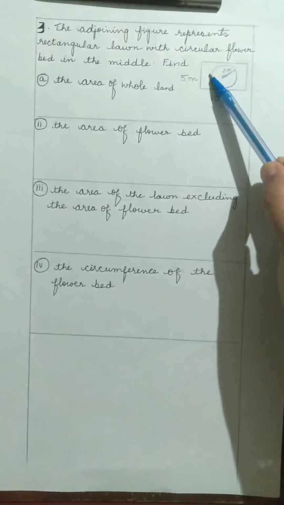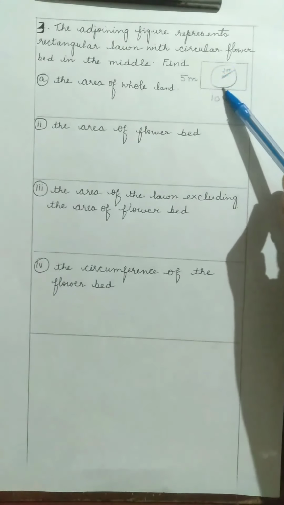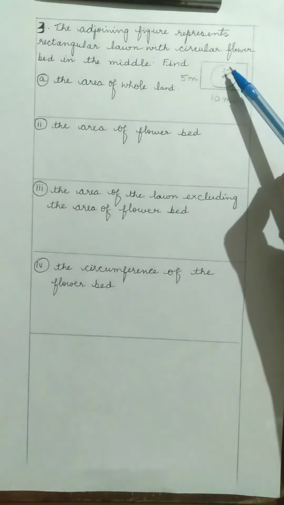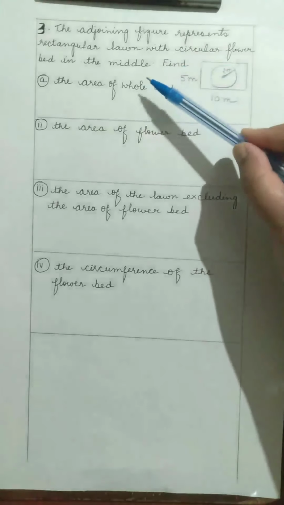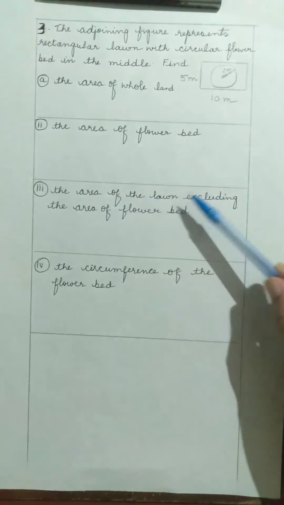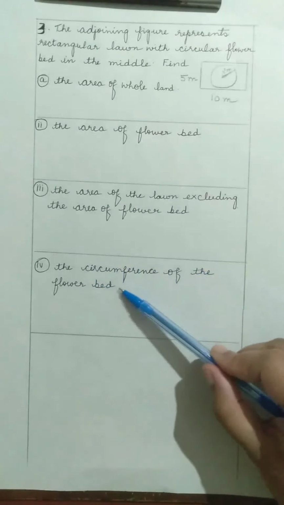Observe here, this is a circular flower bed in the middle with the radius given as 2 meter. Now we have to find the area of the whole land, the area of the flower bed, the area of the lawn excluding the area of the flower bed, and the circumference of the flower bed.